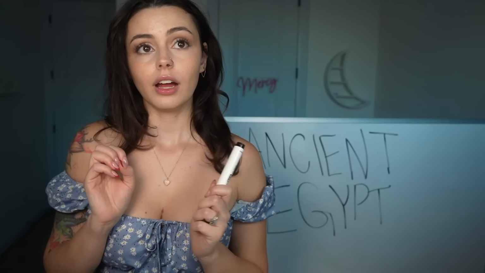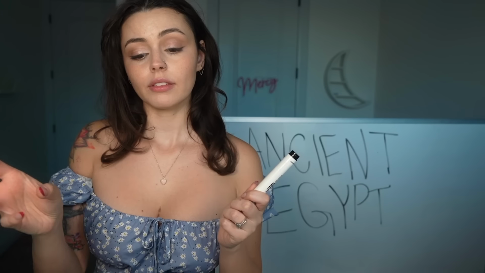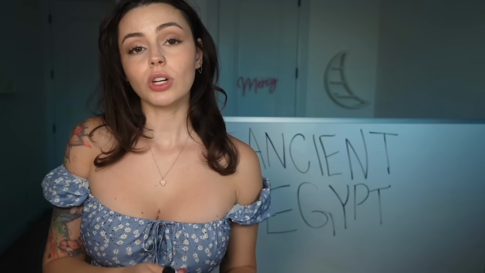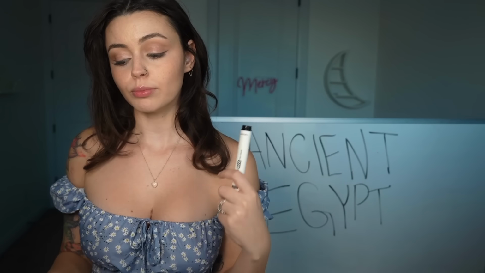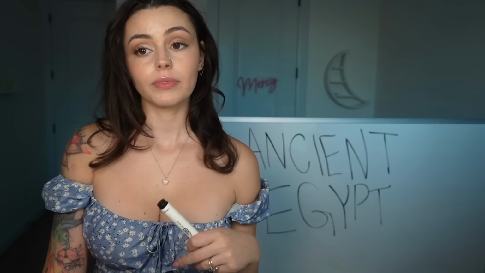But thankfully, the Rosetta Stone came in clutch, and we were able to compare the writing on the Rosetta Stone from the other languages with the Egyptian hieroglyphs and learn what each one meant. And that's really how we started to learn more about ancient Egypt. So, a fun little thing.